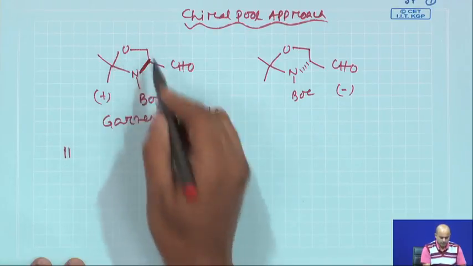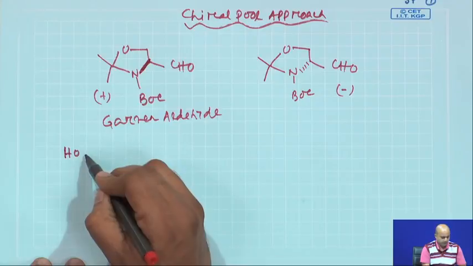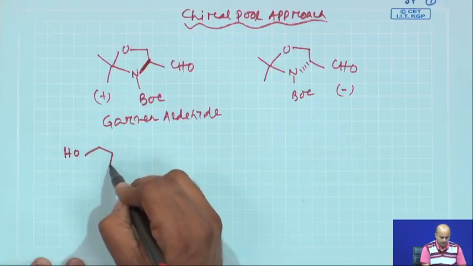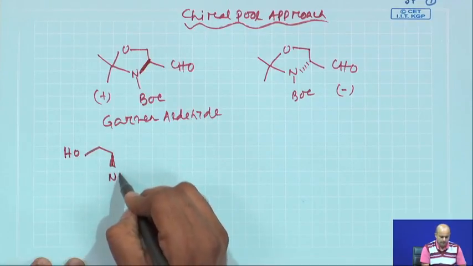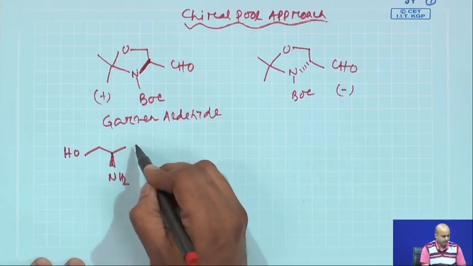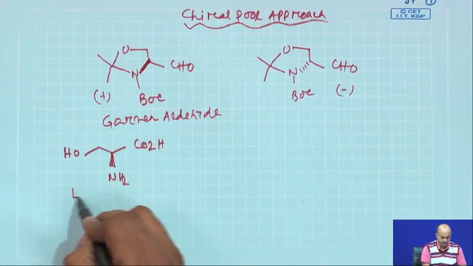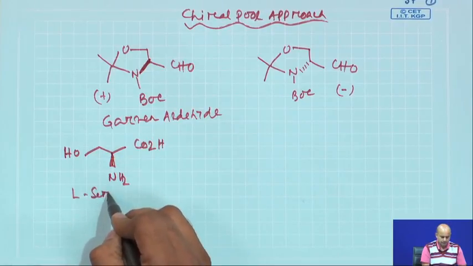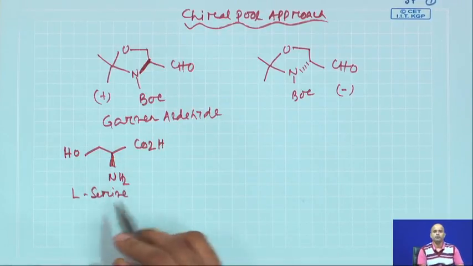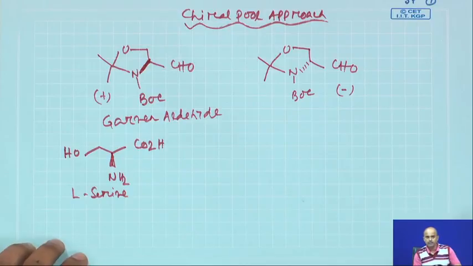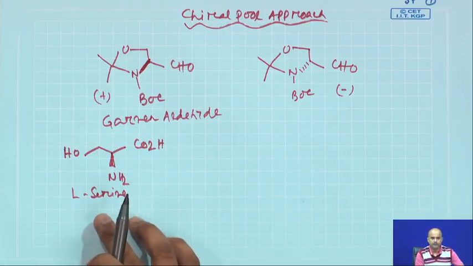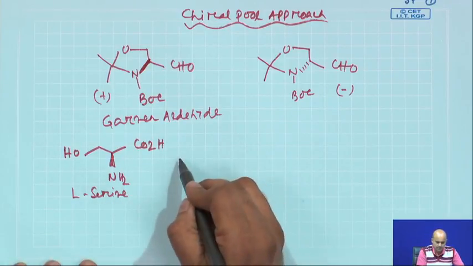First, if you try to correlate, probably you can figure it out. This Garner aldehyde can be easily made from a simple amino acid, which is nothing but L-serine. Because L-amino acids are plentifully available in nature, these are very cheap, easily commercially available materials.